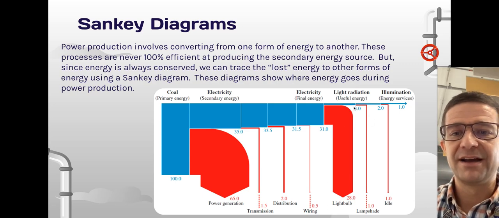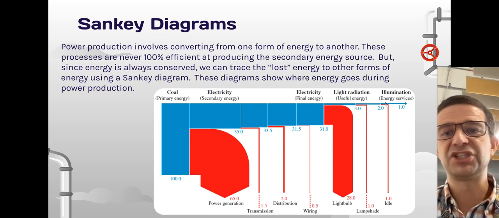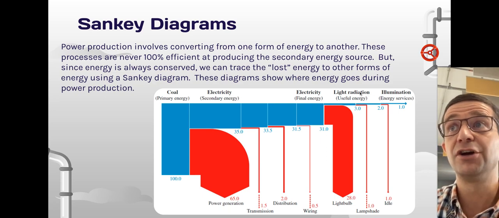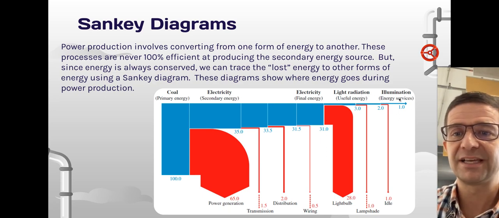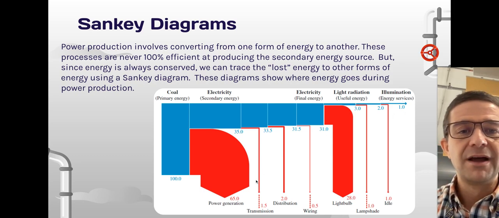And then some of that light can't get used by you to read. Some of it goes into the lampshade or reflects off the walls where it doesn't get used. Some of it is just idle where the light is on and nobody's using it. And ultimately, we have the 1 unit of illumination.